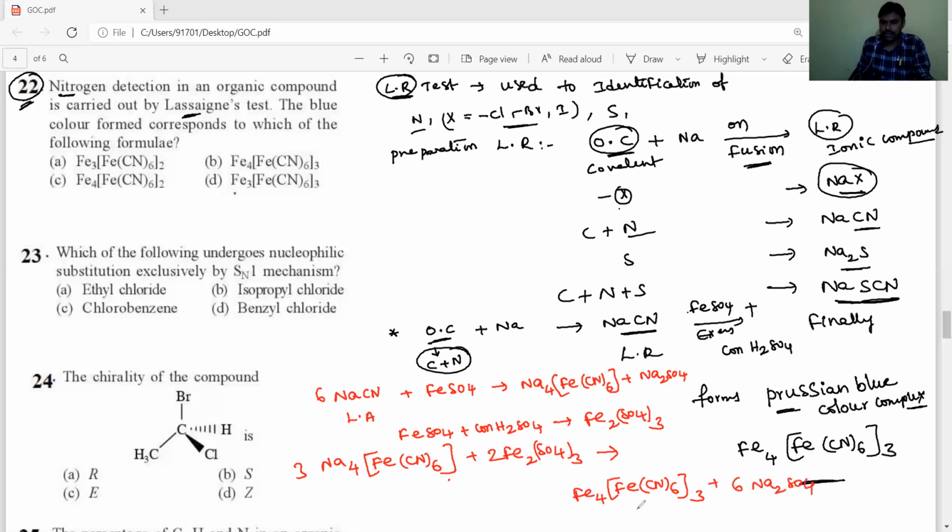This is the Prussian blue color complex. It is a blue color complex.